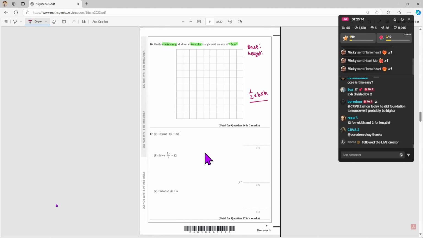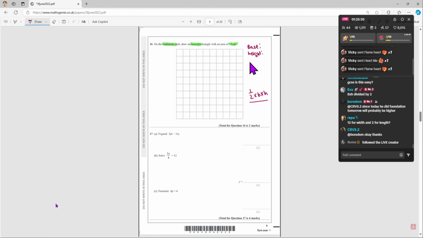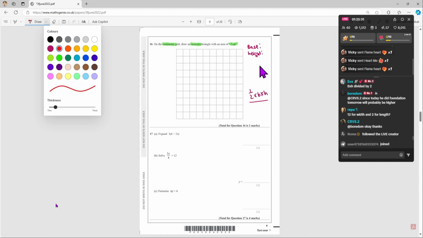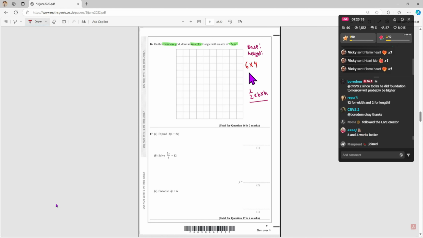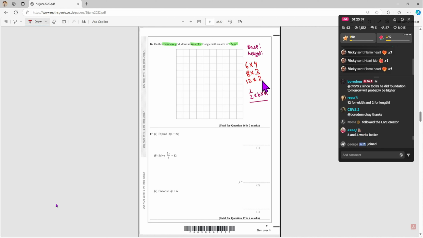So the two variations of this answer is 12 times 2, which I'll do 6 times 4 will be a good one. So I think I'll do 6 times 4. You can either do 6 by 4, or you can do 8 by 3, or 12 by 2.